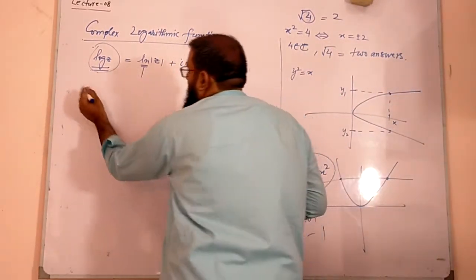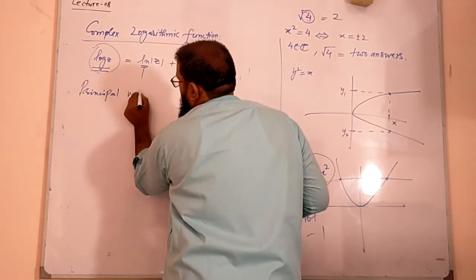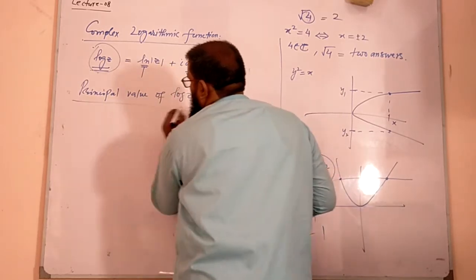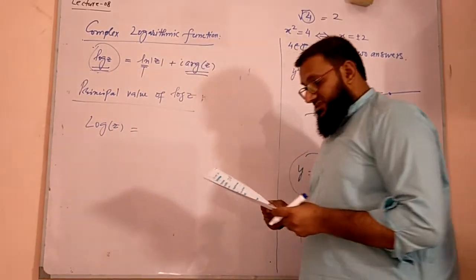So the principal value of log z is denoted with capital Log z, the first thing.